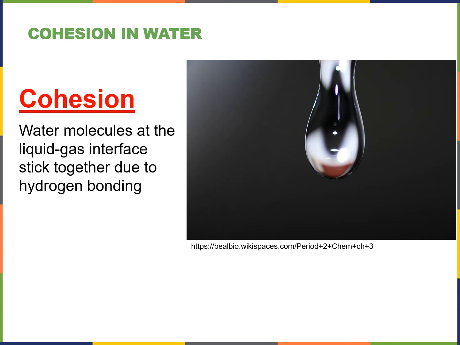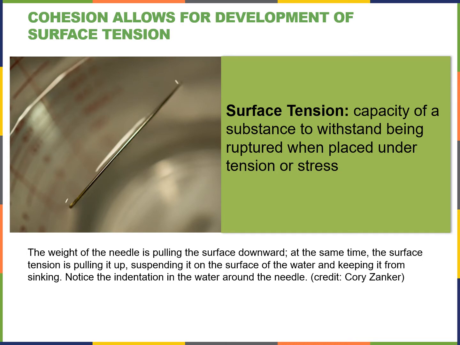So what we find happens is that the water molecules at the surface of this drop of water will actually be drawn closer together than water molecules within the drop itself. We call this cohesion.